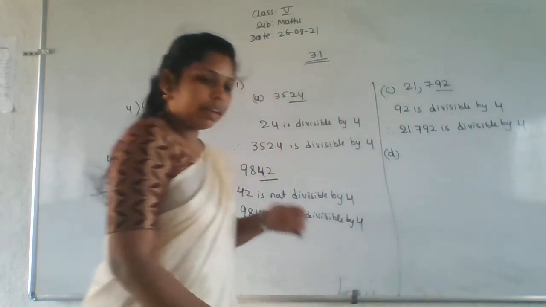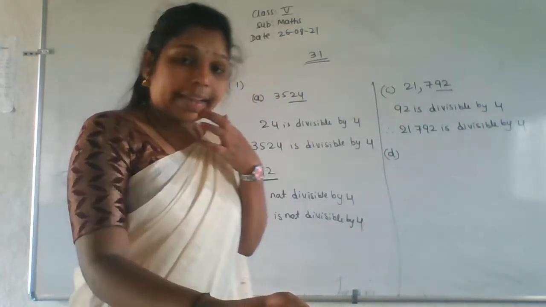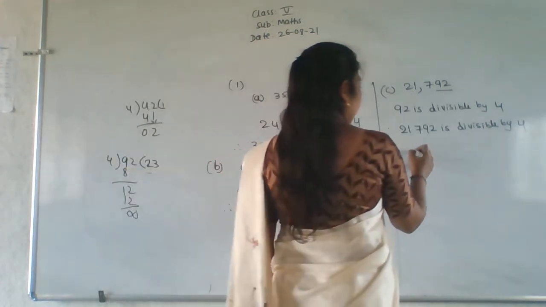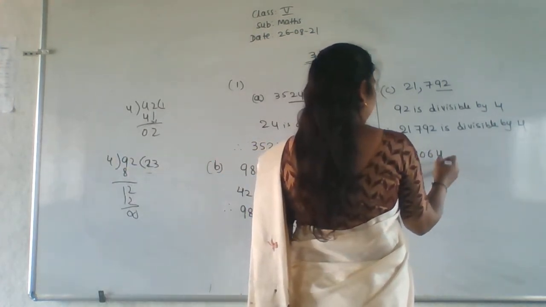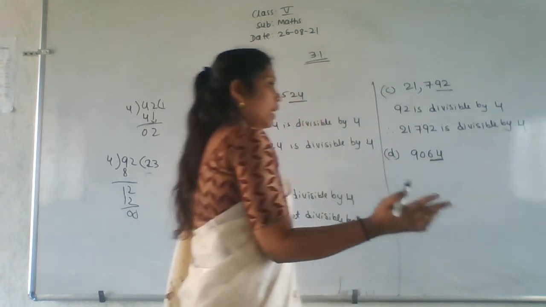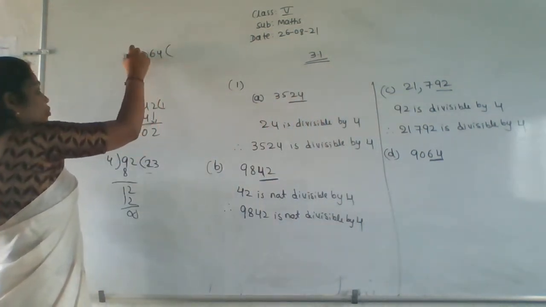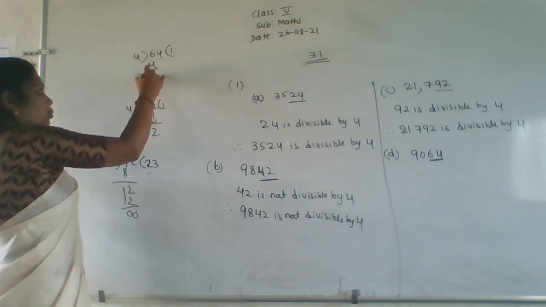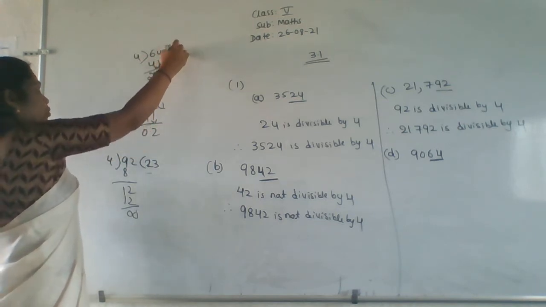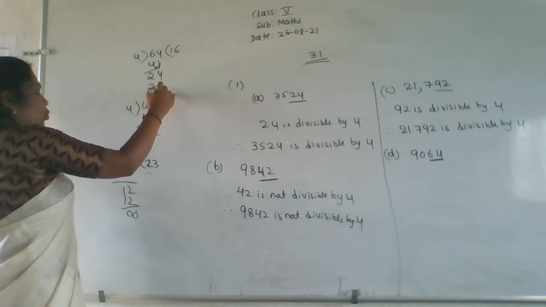Getting everyone? Next one, D1. 9,064. Again check the last two digits. That is 64. 4 ones are 4, 2 left, here 4. 4 6s are 24.